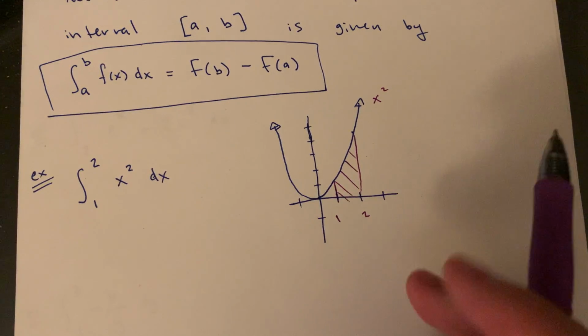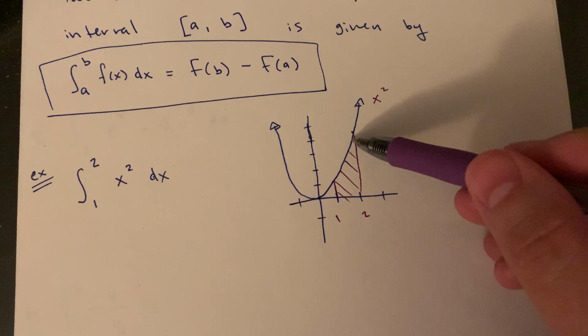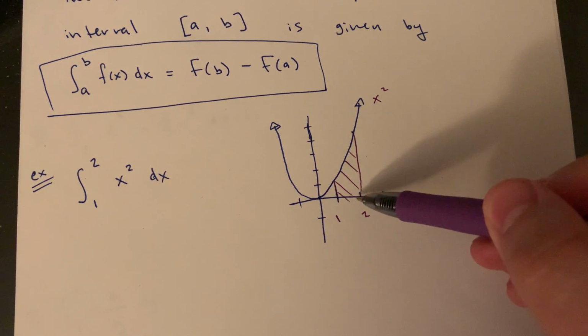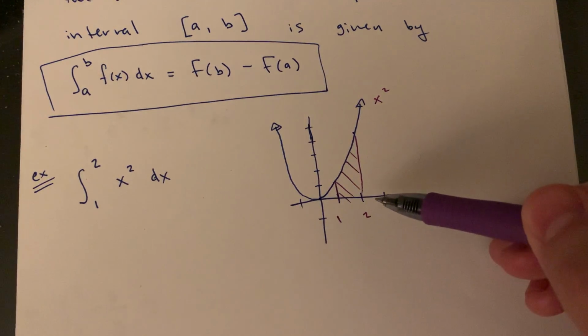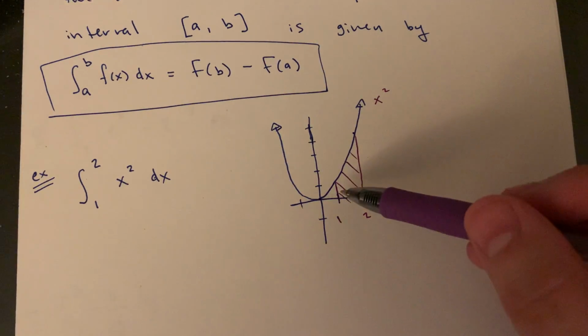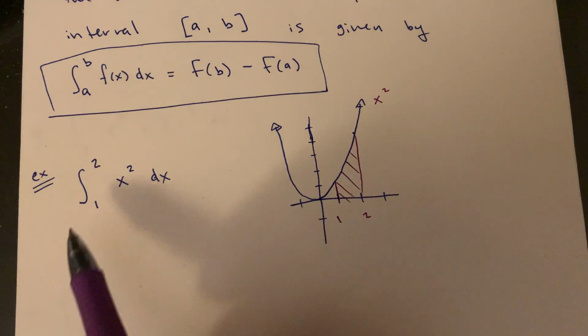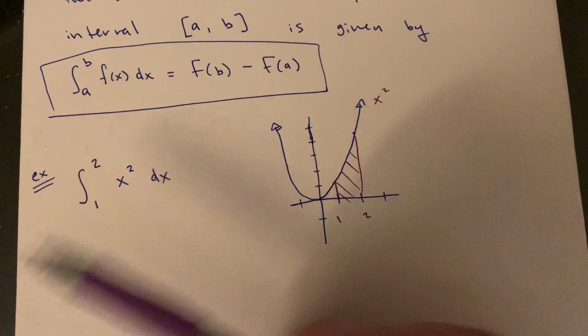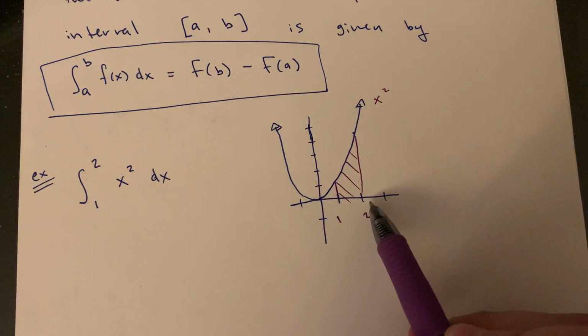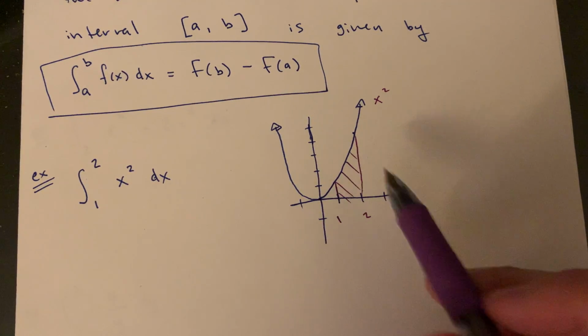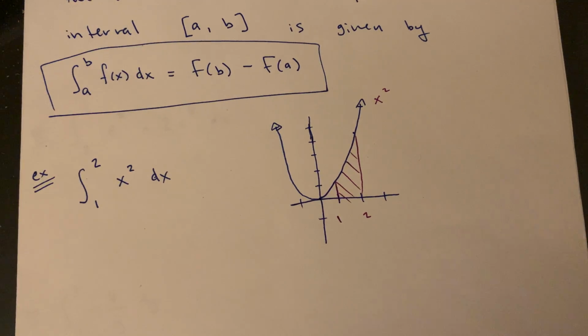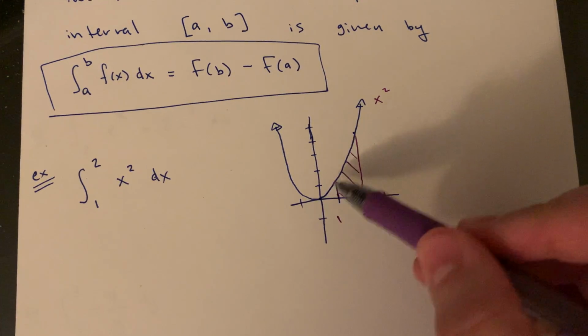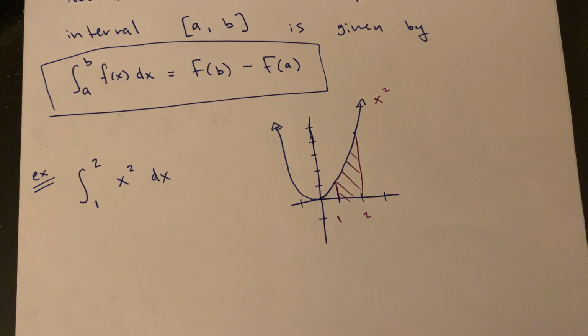So area under the curve means whatever the region is that would be between the curve and the x-axis. And so we're doing that from x equals 1 to x equals 2. So over the interval 1 to 2, we're getting this trapezoid-ish kind of shape. It has this curved value here, so it's obviously not an actual trapezoid.